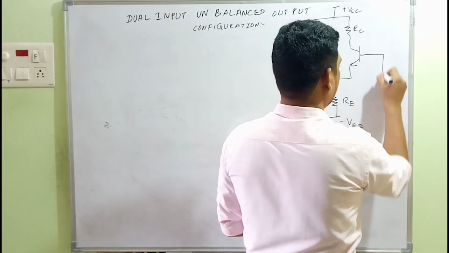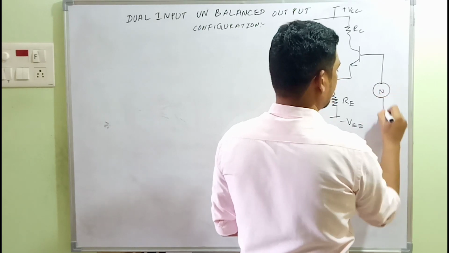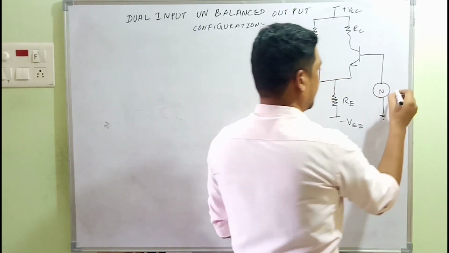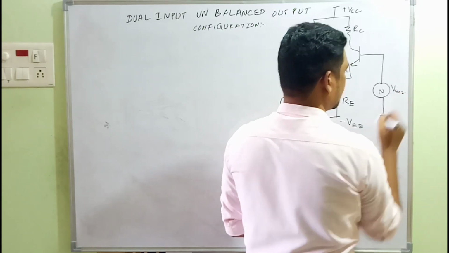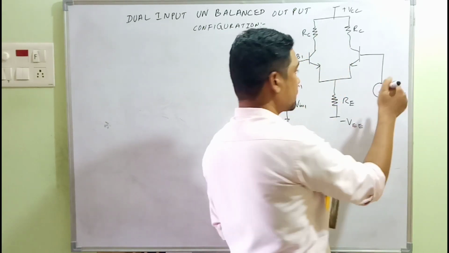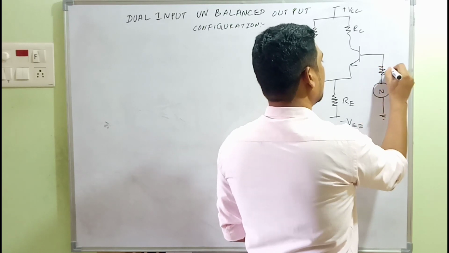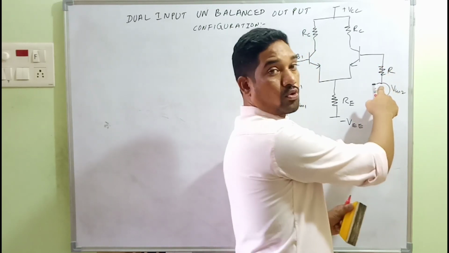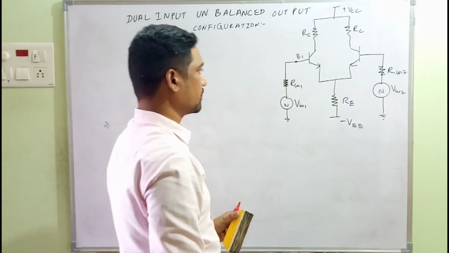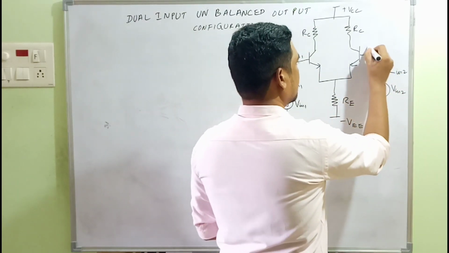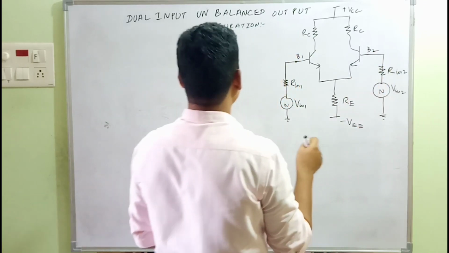Here is another source grounded on the other side, and we have designated this as V in 2. Once again, even this is an AC source, we cannot neglect the internal resistance, source resistance R in 2, and this is base 2, B2.